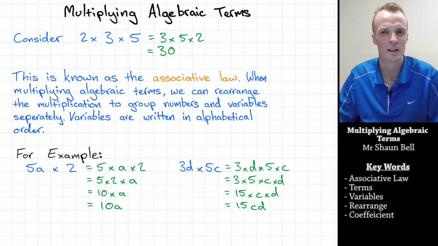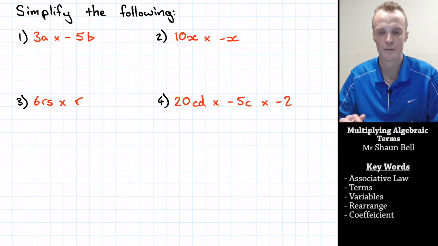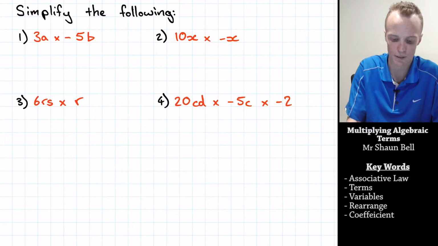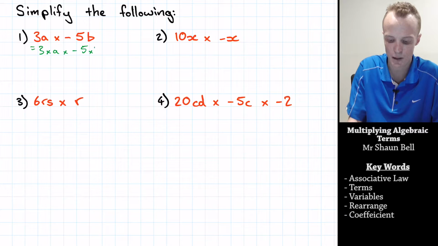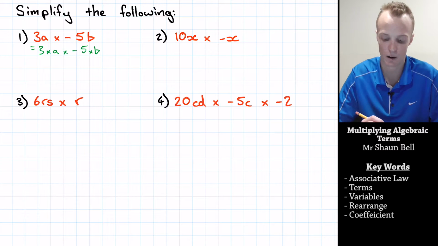Okay, so let's take a look at a couple of other examples. Here I've been asked to simplify the following. Now, in our first problem, I can rewrite this as 3 times a times negative 5 times b. And the associative law says I can rewrite it in any order I like.